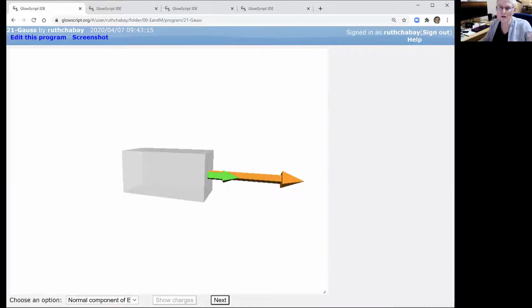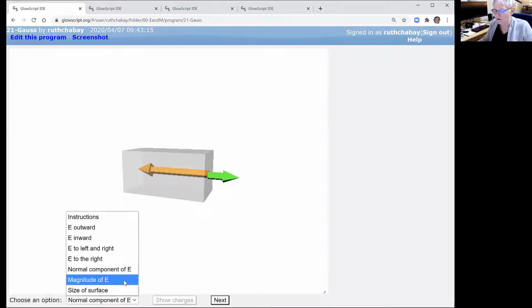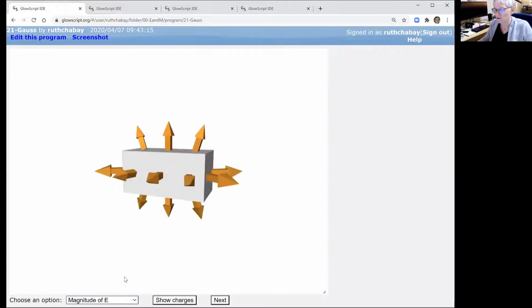And so n hat is called the unit normal vector. Cosine of 0 degrees is 1, cosine of 90 degrees is 0, which is good, and cosine of 180 degrees is -1, so that seems like a good idea. But something we haven't talked about yet is the magnitude of the electric field.